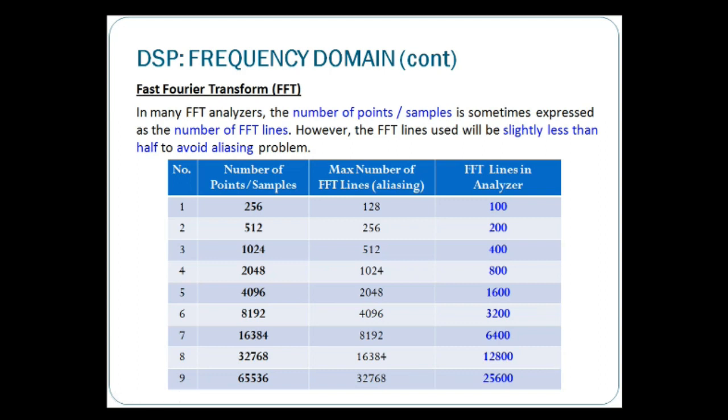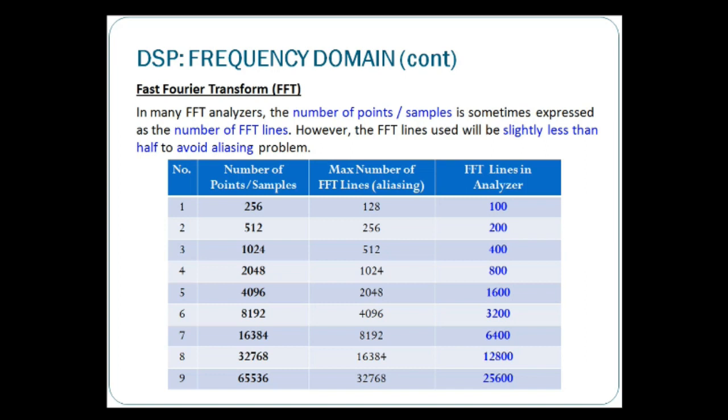As I mentioned just now, if you want to convert your digital signal in the time domain to the frequency domain, then under the fast Fourier transform or discrete Fourier transform, we have to decide the number of samples to be used to convert to the frequency domain.